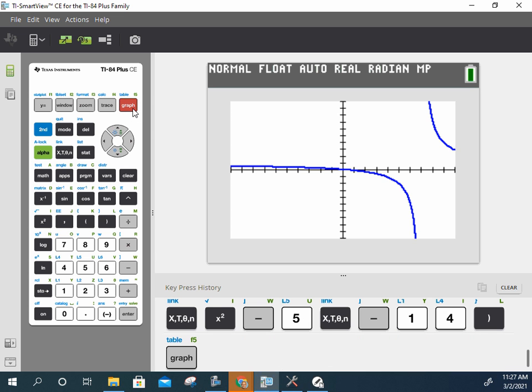So, let's take a sneak peek. So our 1, 2, 3, 4, 5, 6, 7 vertical asymptote right there. Horizontal asymptote right there. Which means all we need to do now is pick the points, plot the points, and we're good to go.